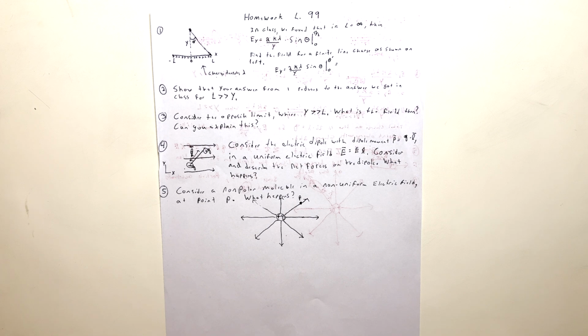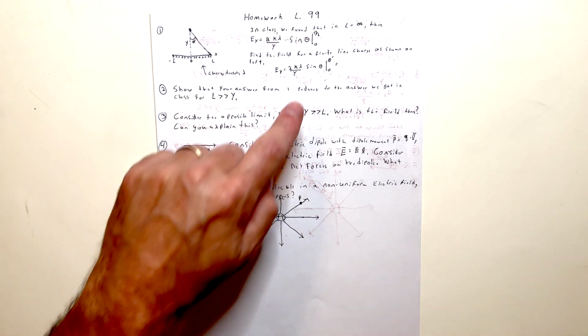In class we found that if L is equal to infinity, then E sub y is equal to 2k lambda over y times the sine of theta evaluated between 0 and pi over 2. Find the field for a finite line charge as shown on left, and then I give you a hint that we're going to evaluate E sub y equals 2k lambda over y times sine theta evaluated between 0 and theta prime. So the secret to answering this lies in evaluating what theta prime is.